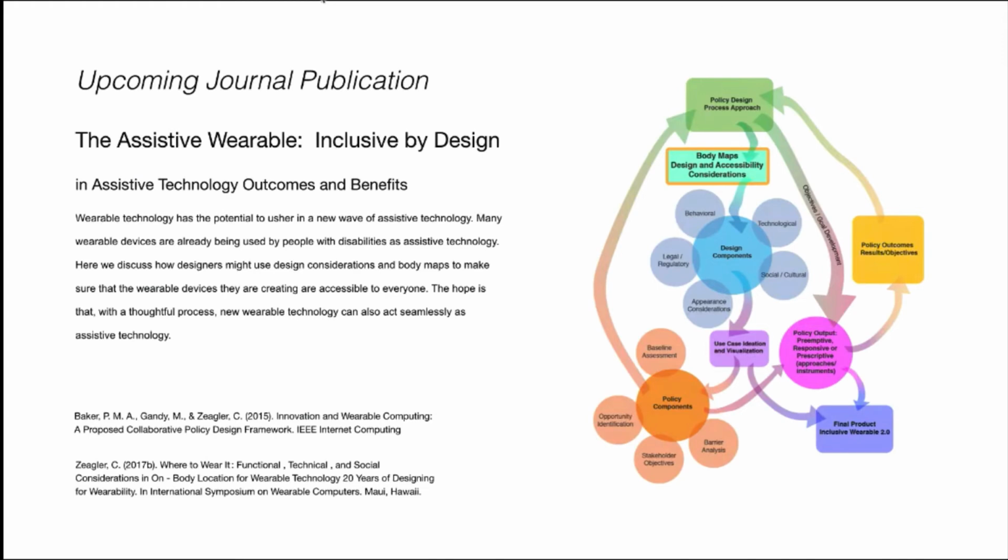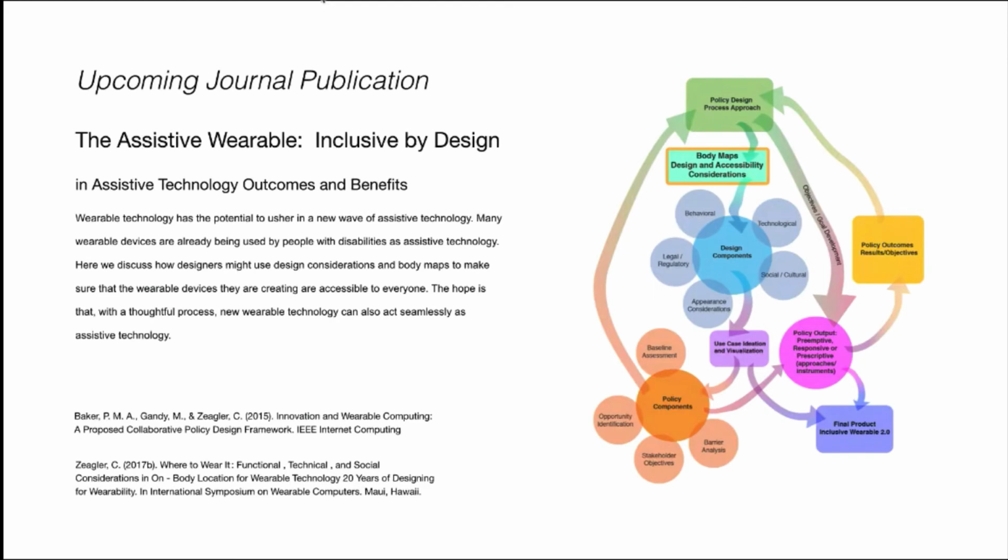This journal paper is a longer version of the paper that I published at ISWC, the International Symposium on Wearable Computers, but it focuses on this idea of assistive technology and accessibility. So how do we make these things accessible from the beginning?